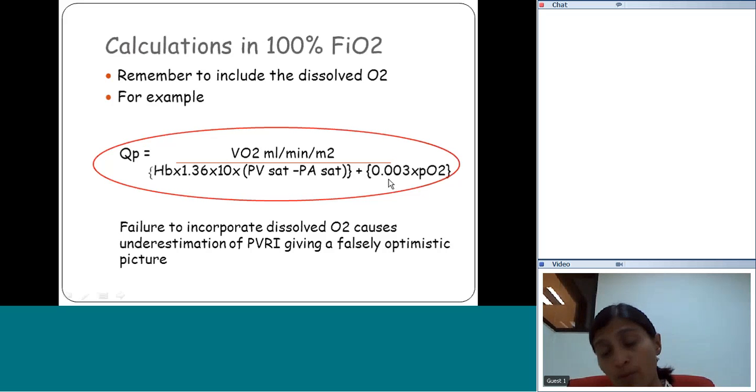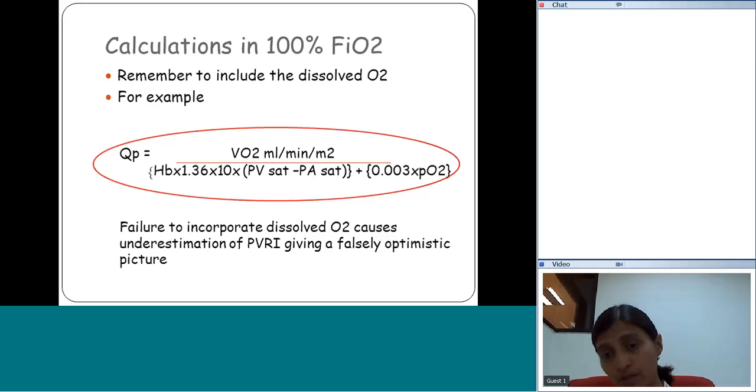So this formula needs minor modification, which I should have put out here. I should have 0.003 times FiO2 of the pulmonary vein minus 0.003 times FiO2 of the pulmonary artery. Okay, I hope this is clear. What I will do is clarify this, write this formula out accurately, and email each of you so that there is no confusion.